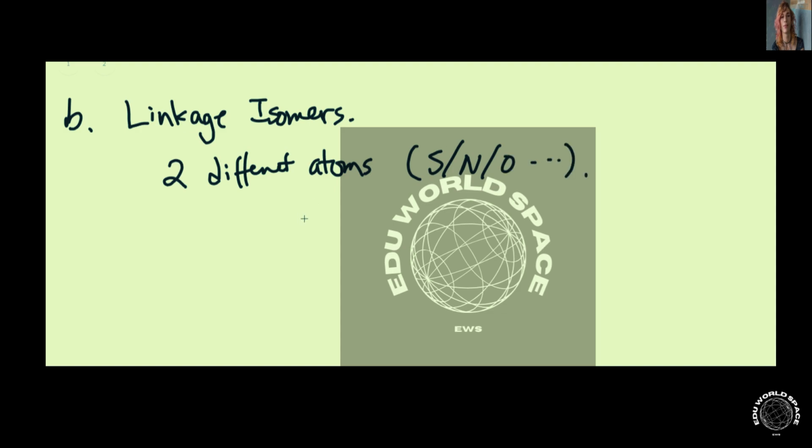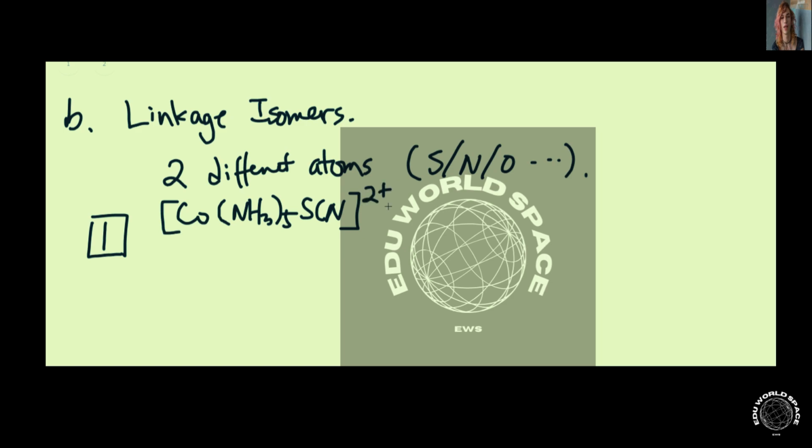So among the given complexes, only complex 1, and this complex is [Co(NH3)5SCN]2+.